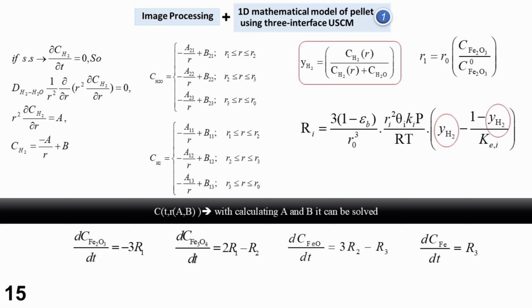With the derived equations, we can determine the hydrogen and water vapor concentrations in each layer, resulting in 6 equations with 12 constants. By obtaining these constants, we can derive the concentrations as a function of different radii and then use them in the reaction rate and differential equations for the iron oxides.